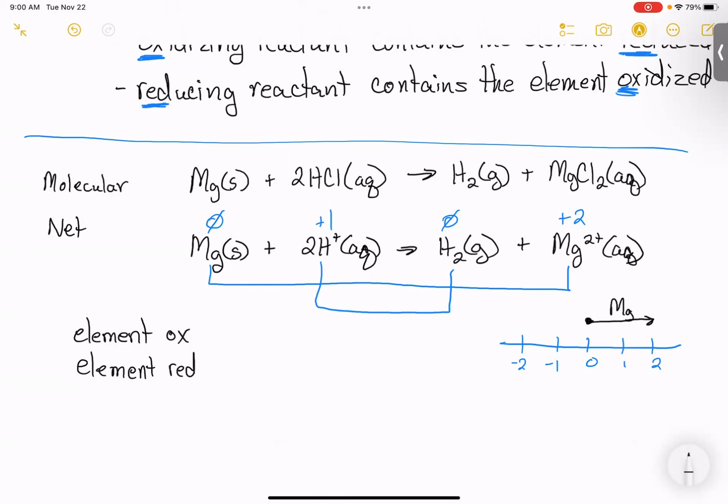So what type of change occurred? Was it oxidized or was it reduced? It was oxidized. So Mg is the element oxidized. Our hydrogen goes from a +1 to a 0. So it was reduced.